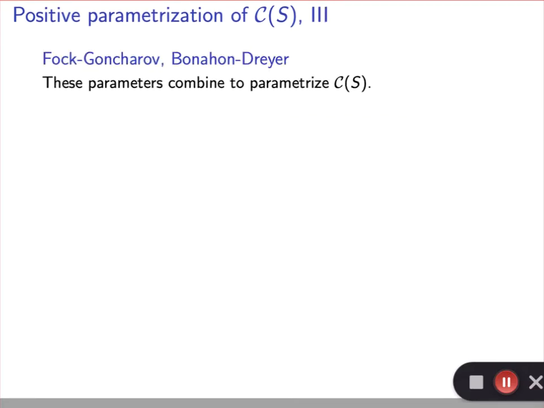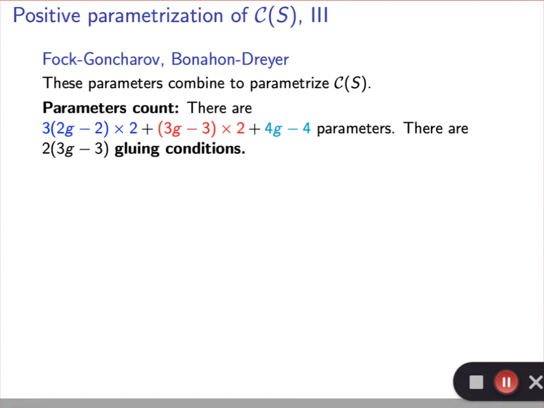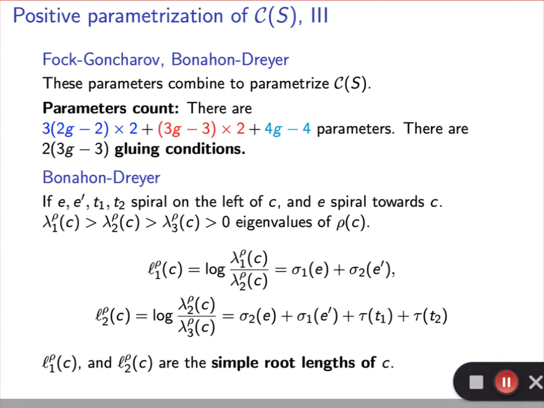And so Fock and Goncharov introduced these parameters, and they parameterize a space very similar to this one, but the way I'm describing this parameterization actually is due to Bonahon and Dreyer. But anyways, these parameters combine to a parameterization of this space of convex projective structures. Again, there are too many parameters, so there are some gluing conditions involved, and these are due to Bonahon and Dreyer.